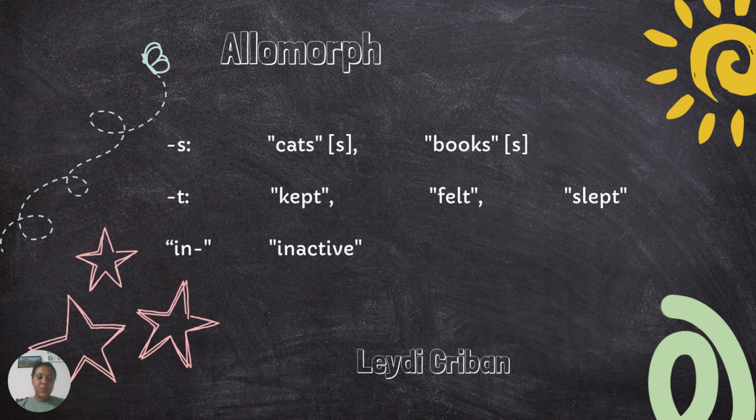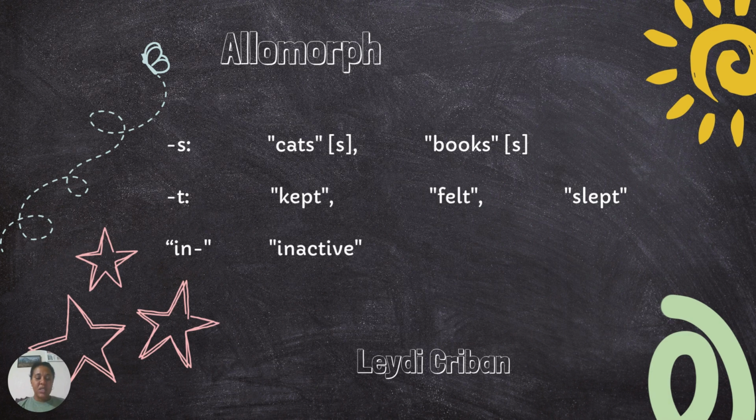If we add to the word cat the allomorph s, we have cats. The same in the word book, we have books. But these s sounds are not changing the meaning. They are still conveying the basic meaning. The change is just into plural.